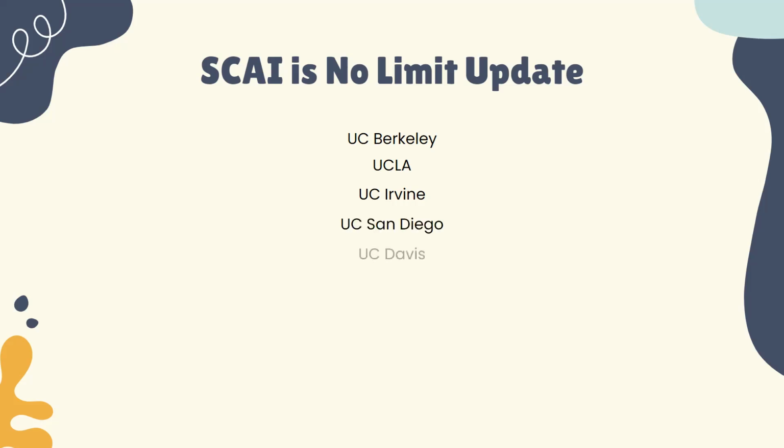Oh, hold on. And UC Davis. The ACE Club at UC Davis and UC San Diego have all committed to participating in the Sky's No Limit competition for the spring 2023 quarter.